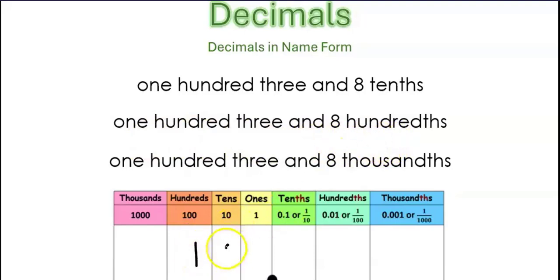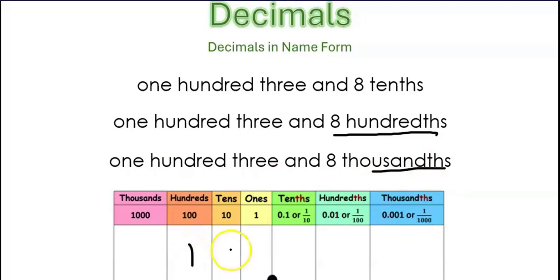We know we have 103, but this time it says 8 hundredths. So the 8 has to go in the hundredths place value, and I will need to put a 0 here. So you can see how this differs from 103 and 8 tenths. Okay, and let's do the last one. 103 and 8 thousandths.